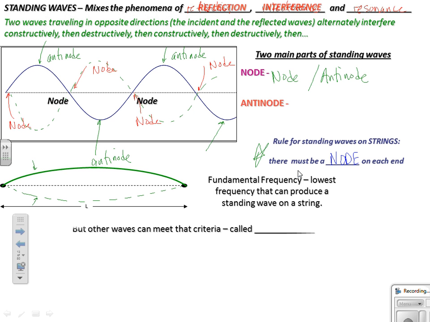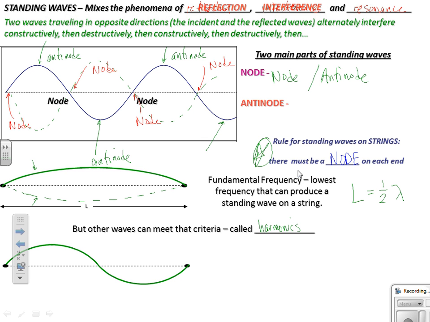Now, that's not the only way we can make it work. Here's the only thing that has to be true: you have to have a node on each end. So there are other waves that can meet that criteria, and we call those harmonics. For example, if we still want a node at each end, we could make it look like this. There's a node at each end. But here, the length of that string, I hope you can notice, is half of a full wave.